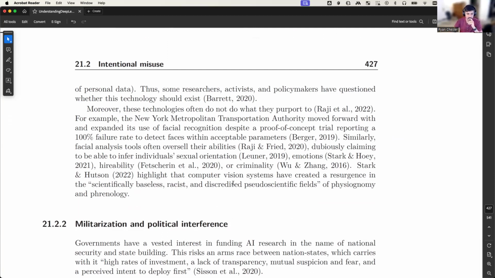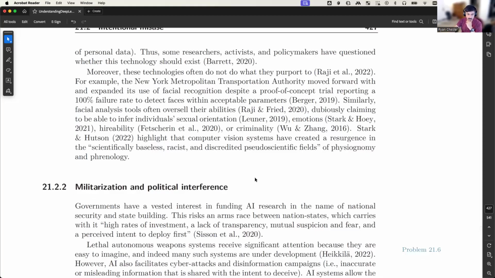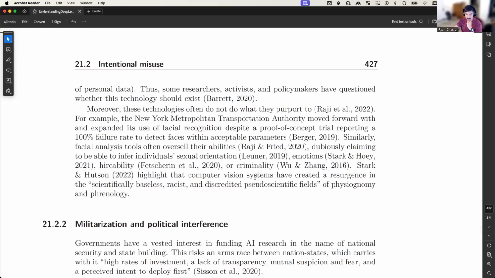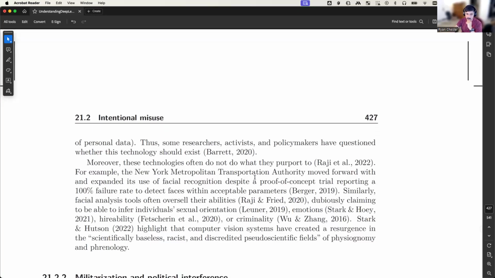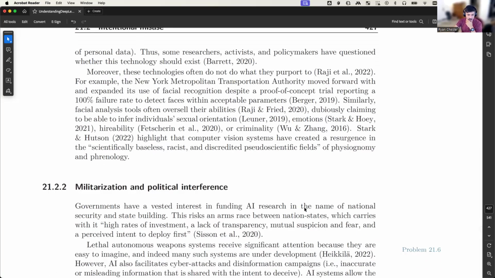They're claiming that they can just detect criminals from their face and a bunch of other stuff that they can't really accurately do. So there's a bunch of dangers with that. There's also the point of surveillance and tracking people, and so there's definite debate on whether that technology should even be used at all.